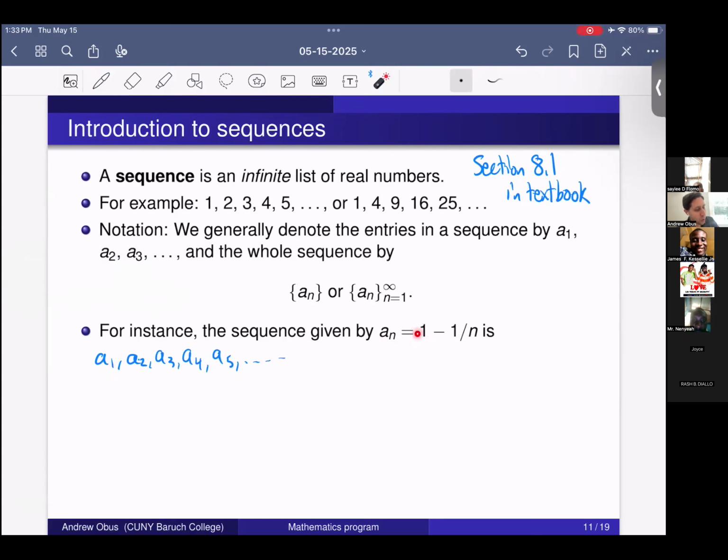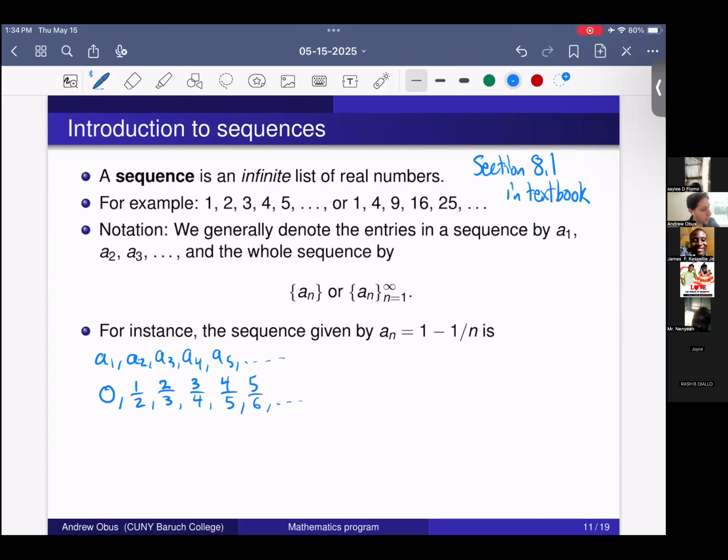The first entry is 1 minus 1 over 1, that's 0. The second entry is 1 minus 1 over 2, that's 1/2. The third entry is 1 minus 1 over 3, that's 2/3. Then 1 minus 1 over 4, 3/4. 1 minus 1 over 5 is 4/5. And then we could keep going.